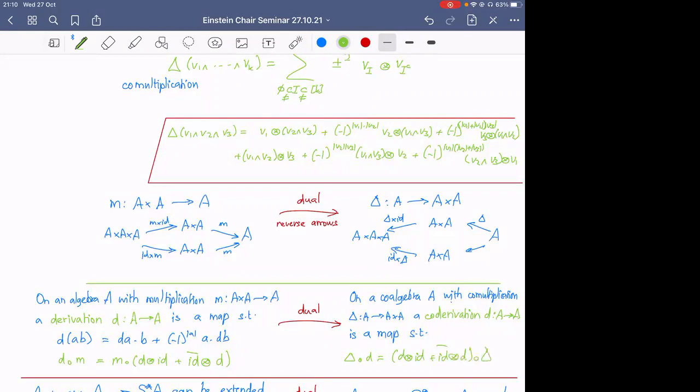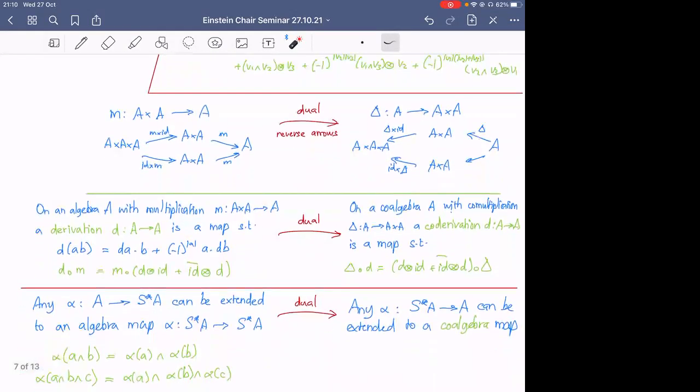Here, by the way, we have a sign because we've written D of AB, and here we've changed the order. When you write it in this form, this identity with a bar is just taking into account that sign. That's exactly the same operator here.